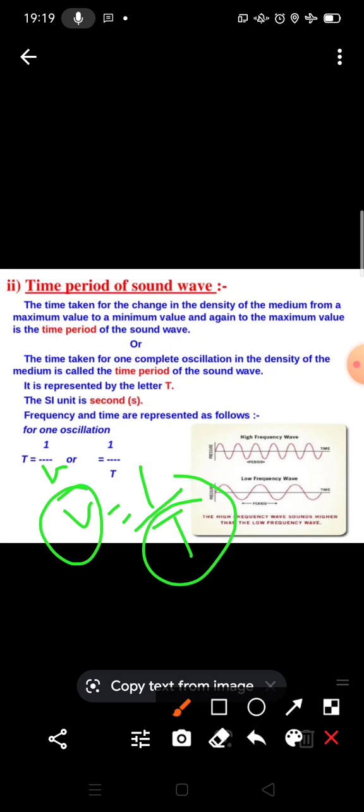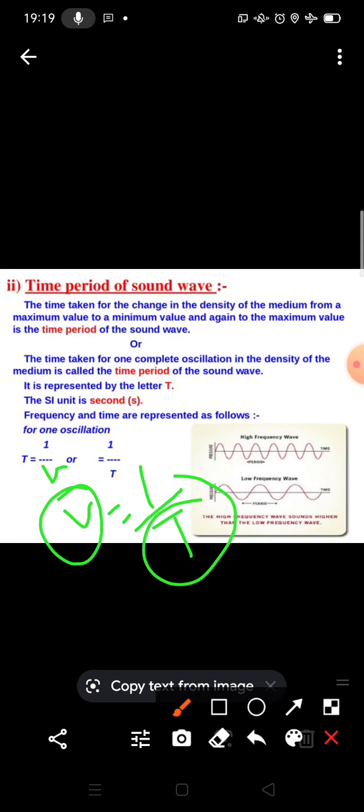Students, listen carefully. We can say that the time taken for one complete oscillation in the density of the medium is called time period of the sound wave, and it is represented by the symbol capital T. Okay, first of all take the example of the violin and flute, which may both be played at the same time in an orchestra.